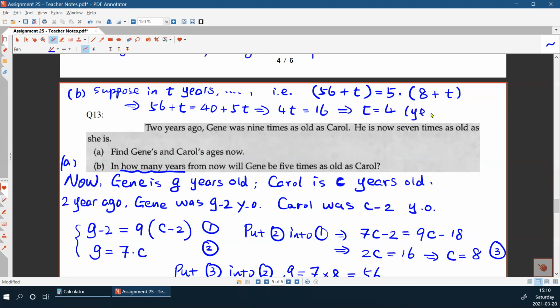The unit is years. Okay, so now we can make the conclusion. So that means in 4 years, Jean will be 5 times as old as Carol. Okay, any questions? Have a look at these.